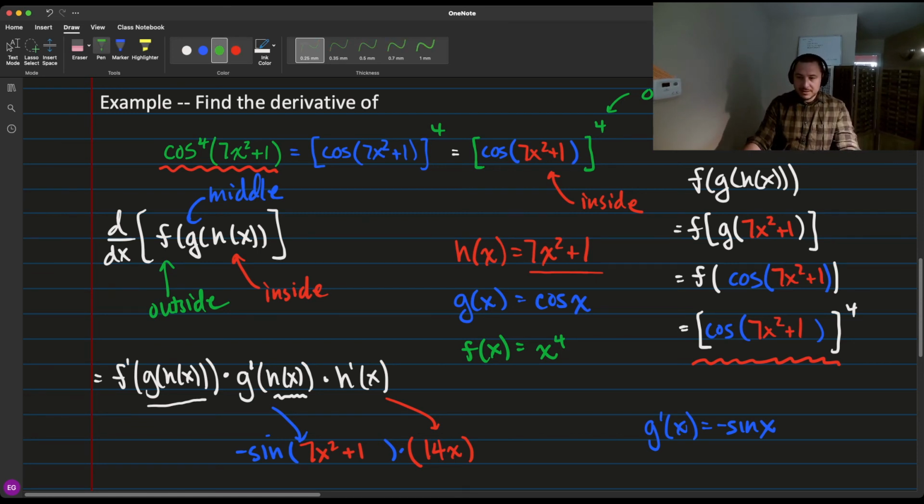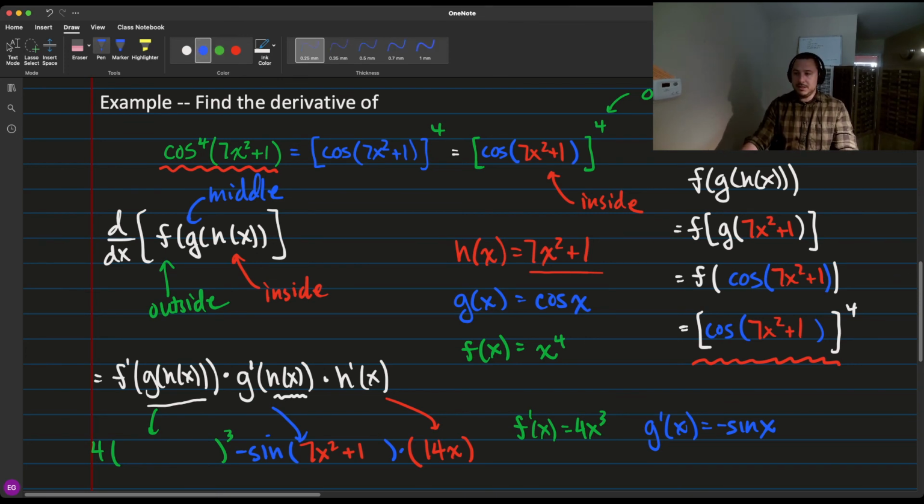Finally, I need f prime of g of h of x. If f is x to the fourth, then f prime is 4x cubed. So I'm going to have 4 something to the third power. Now what's going to be inside of there? G of h of x.